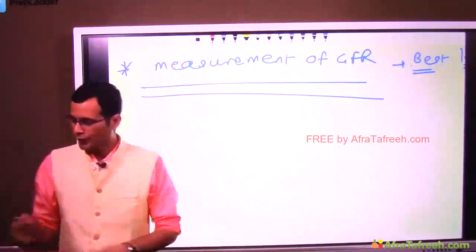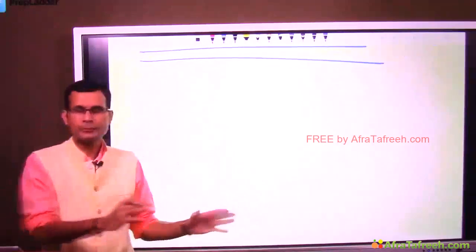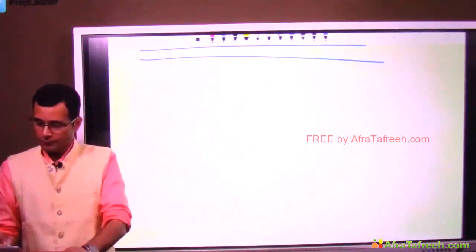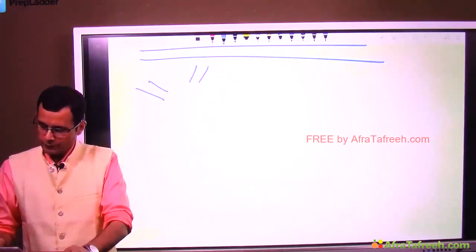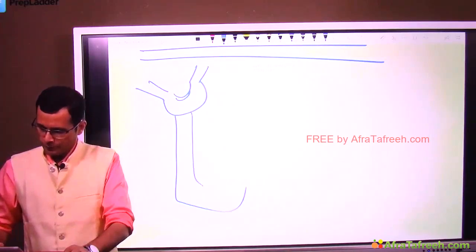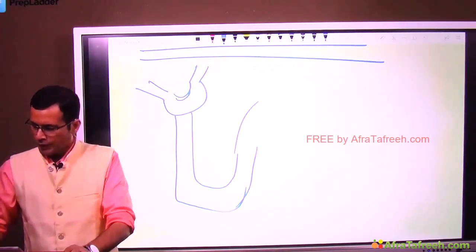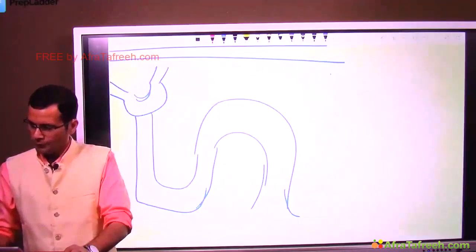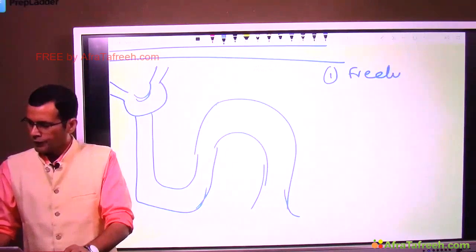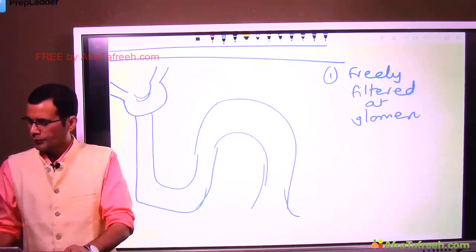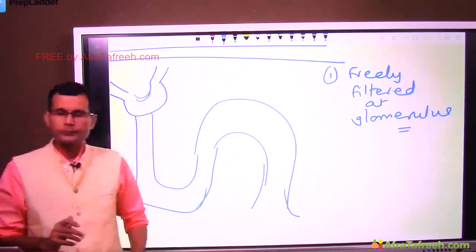When we look at such a substance for measurement of GFR, it should have these properties. First property: it should be freely filtered at the glomerulus, like plasma.